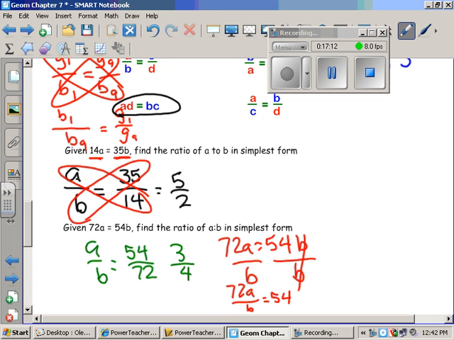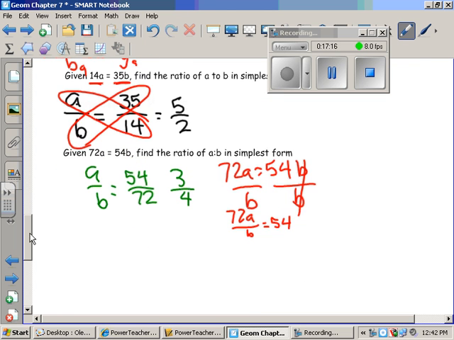But I'd have this 72. It would be A over B if that 72 were gone. So to get rid of that 72, I'm going to divide both sides by 72. Those cancel, and I get A over B equals 54 over 72, which again you told me could reduce down to 3 over 4.